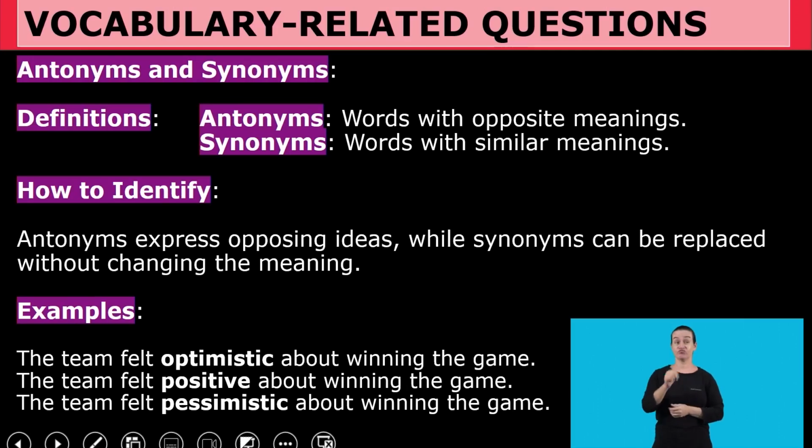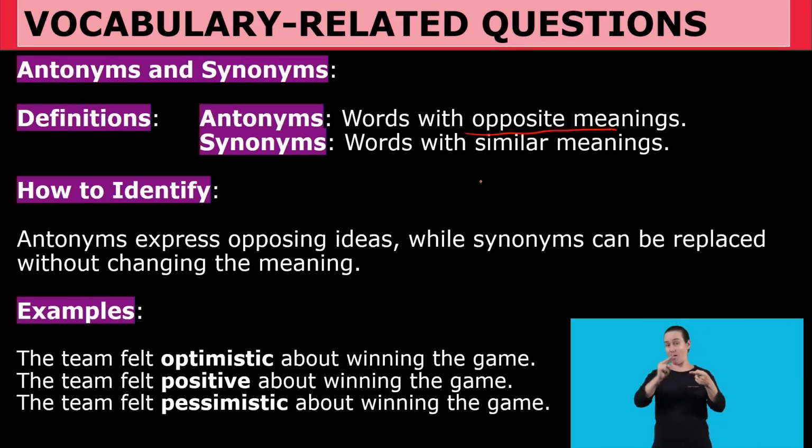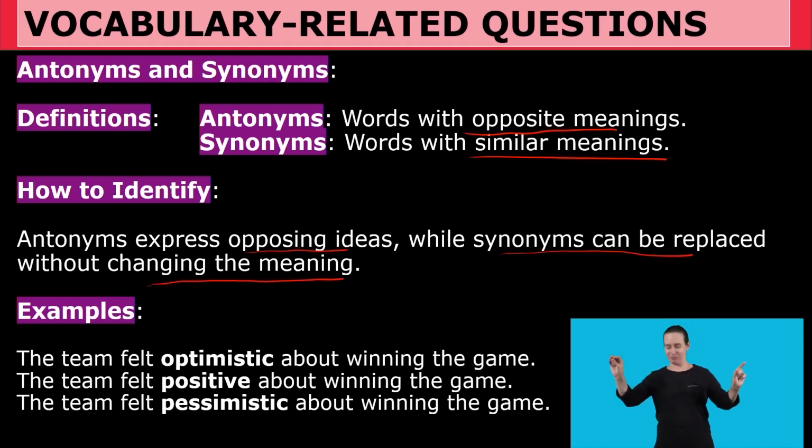Antonyms and synonyms are very easy, and you've been doing them for ages. Antonyms, of course, are opposite meanings, and synonyms are words with similar meanings. So antonyms express opposite ideas, while synonyms can be replaced in the sentence without changing the meaning. Now let's look at this example. The team felt optimistic.